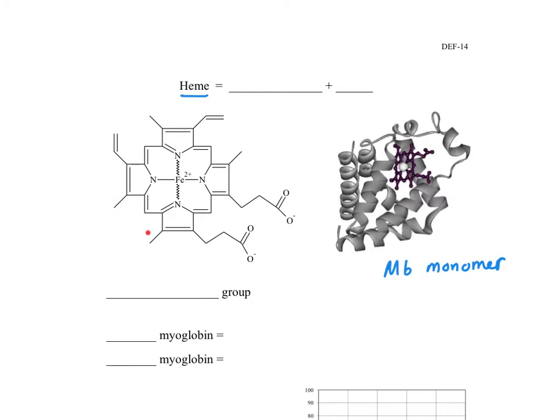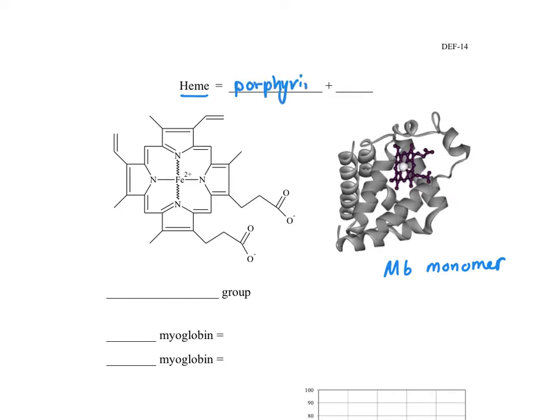So heme is shown right here. It's a big flat molecule with aromatic rings that have nitrogens in them, and it also has some carboxylates out here. So it's got a very nonpolar area and a polar area over here. It's almost amphipathic. That part is called the porphyrin ring, from organic chemistry.